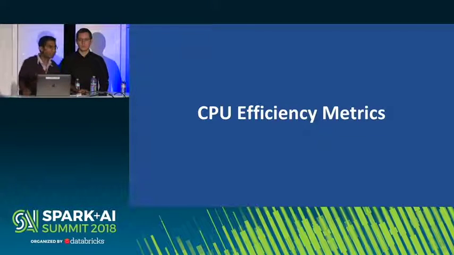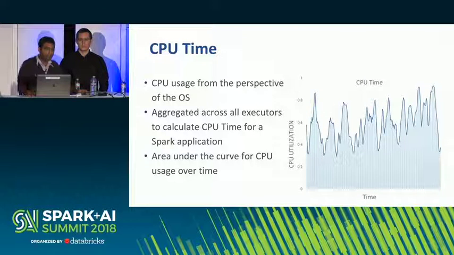So let's define some Spark CPU efficiency metrics. First is CPU time. CPU time of a process we define as the aggregated CPU usage over time. So for example, in the graph you can see we are plotting the CPU utilization of a process over time, and the area under the curve is actually the CPU time of that process.